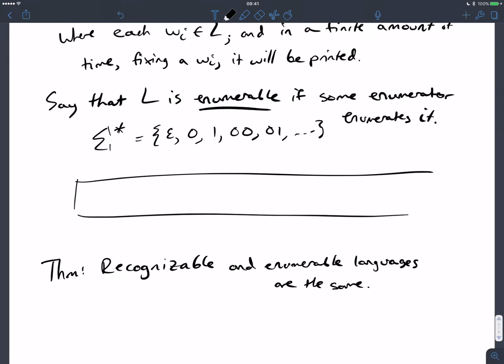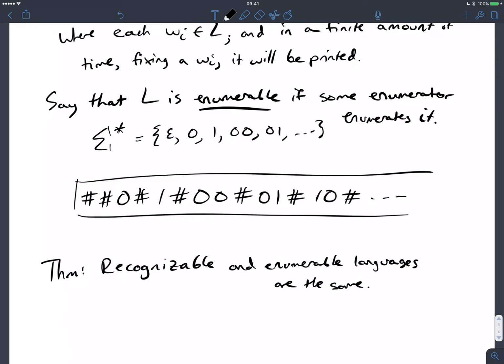One way I could enumerate it is putting #, then empty string, #0, #1, #00, #01, #10, and just keep spewing out all strings in sigma star.